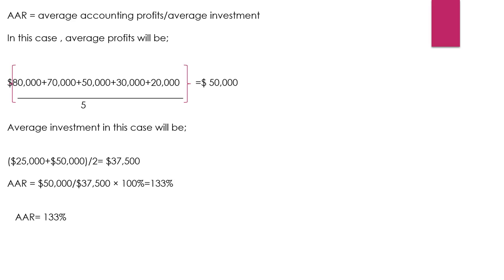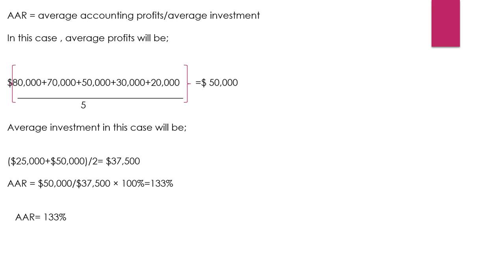So when you divide these two, you get the average of $37,500.